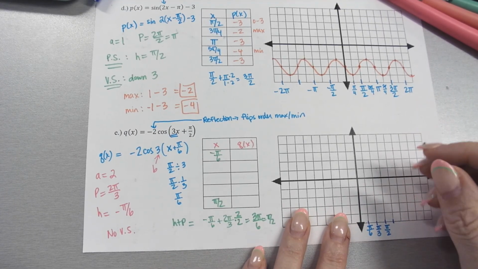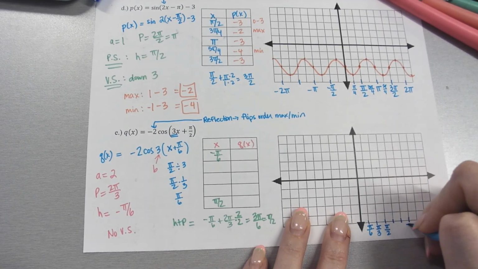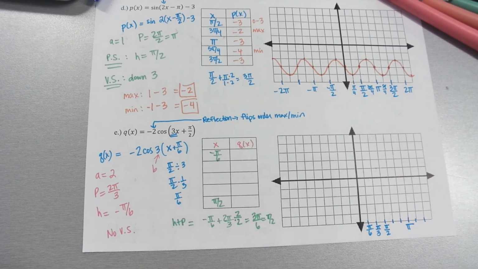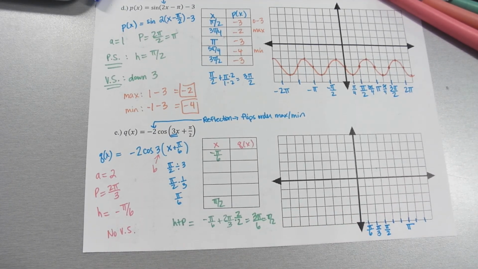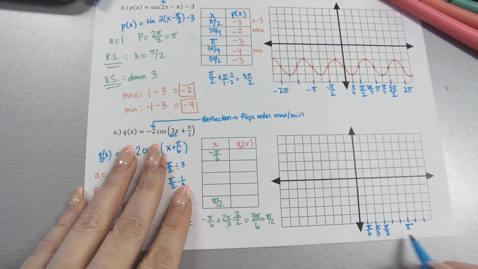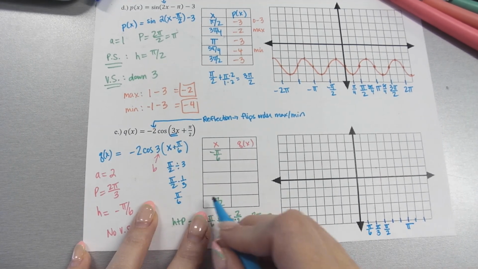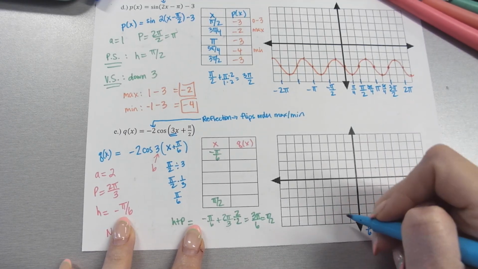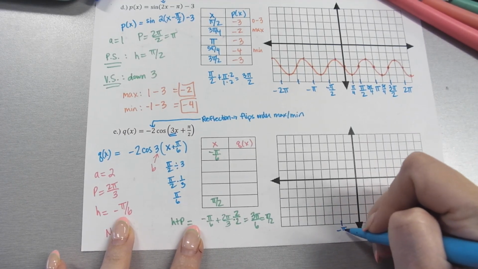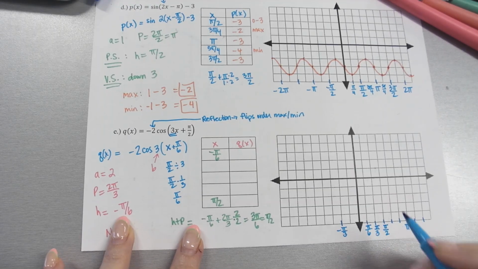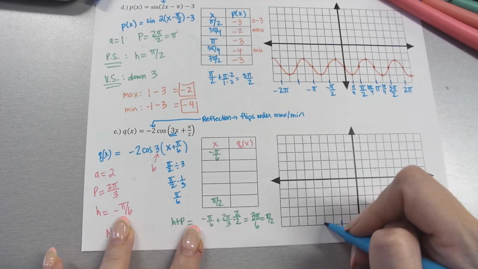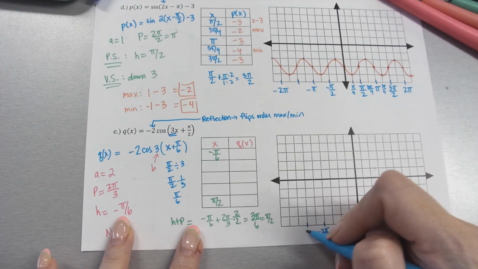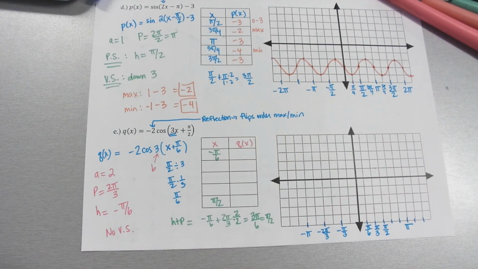You have 4 pi over 6, 5 pi over 6, 6 pi over 6, 7 pi over 6, 8, and so on. I'm writing a lot of these down just to help us, but you do want to write down some of your key points there. Now you can see you're really going every other one by negative pi over 3. So this would be negative 1 pi over 3, negative 2 pi over 3, negative 3 pi over 3.